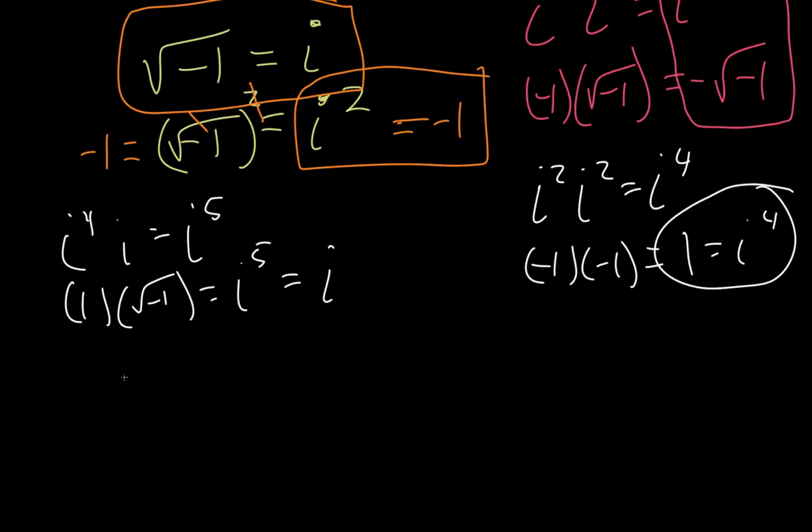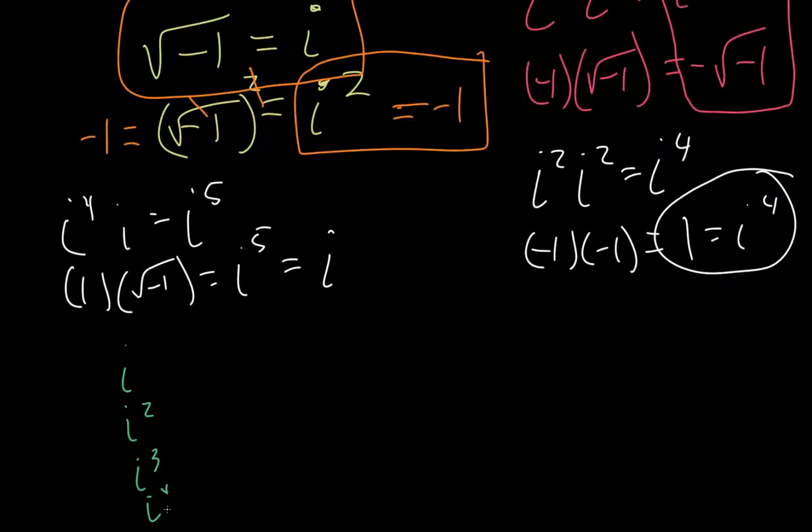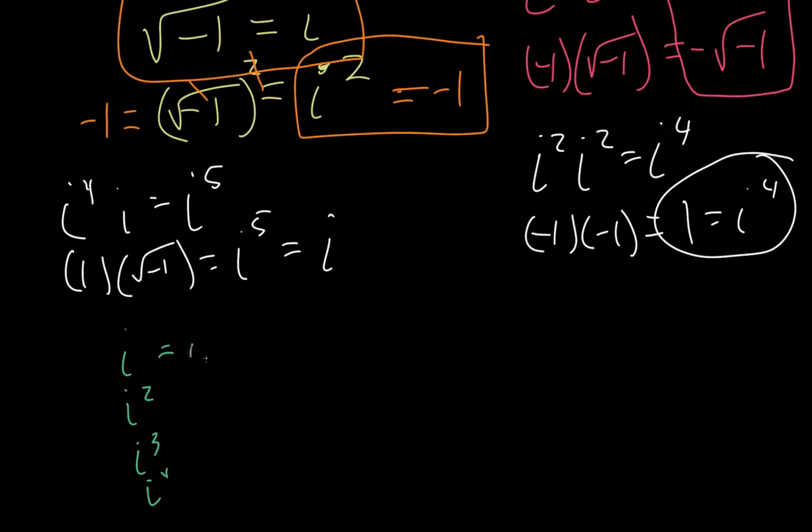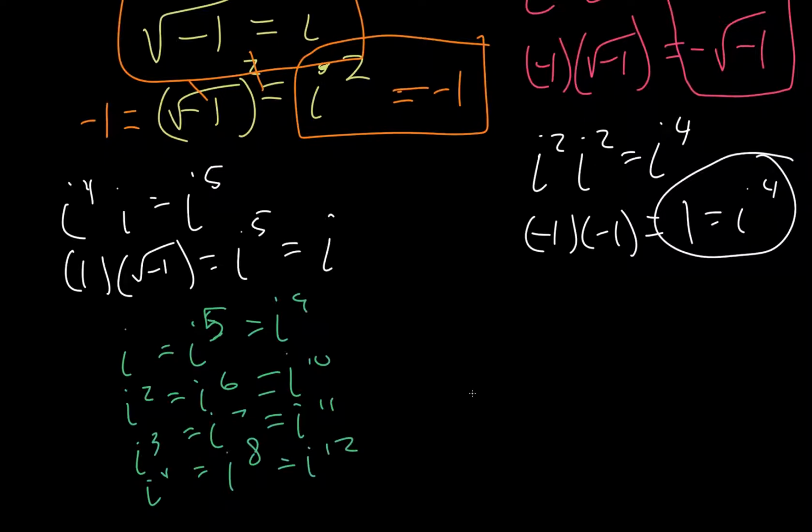So just to be clear, i squared, i cubed, i to the 4th is equal to 1, then i to the 5th, i to the 6th, i to the 7th, i to the 8th, i to the 9th, 10th, 11th, 12th, and this pattern will just continue forever.